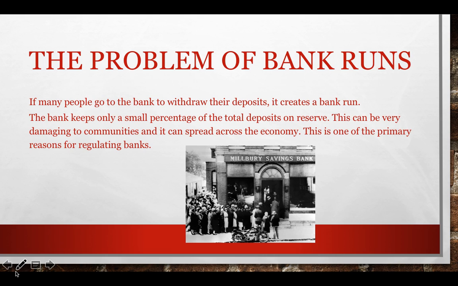And what happens is if word spreads that people are trying to get their money out and they can't, all of a sudden everybody starts to do this, and this has a ripple effect throughout the economy. We'll see in a minute why this is not so much of a problem today, but the Fed still does this just to make sure banks have cash on hand for their customers that want it at any particular time.